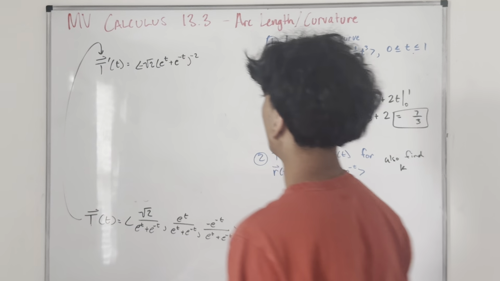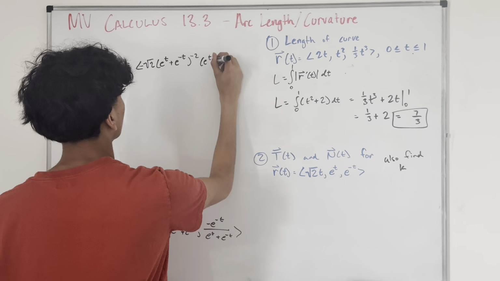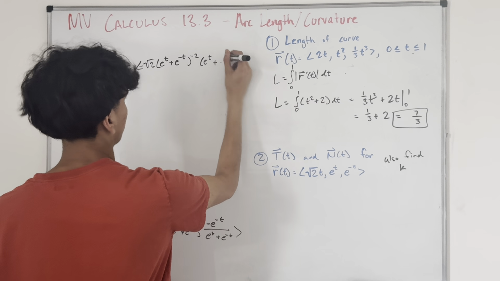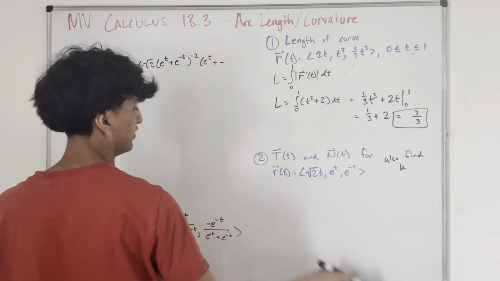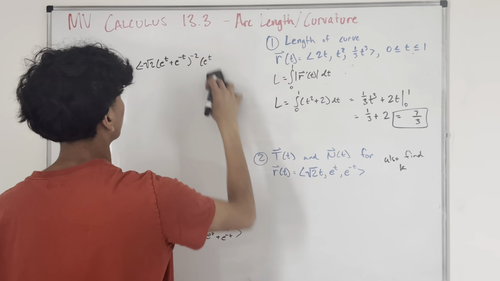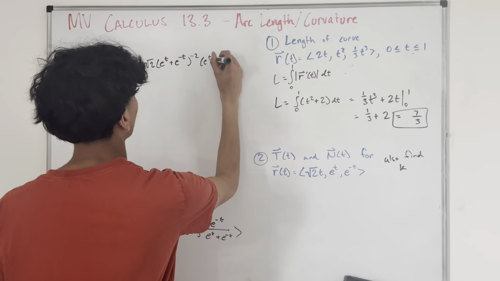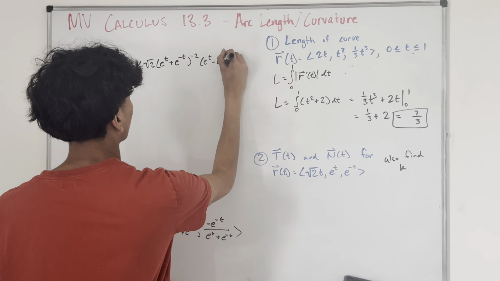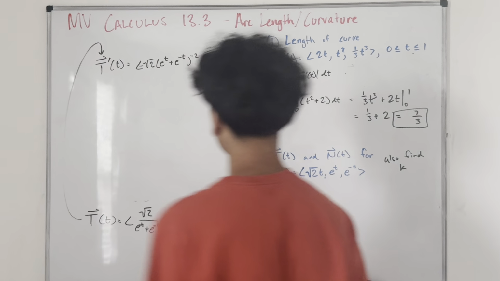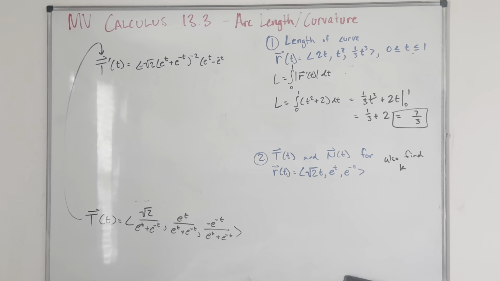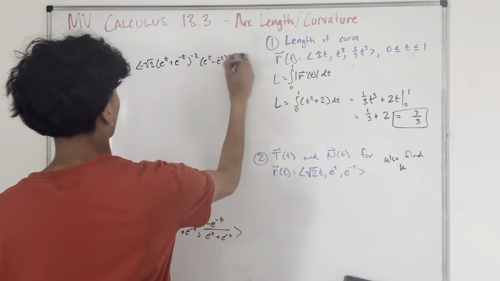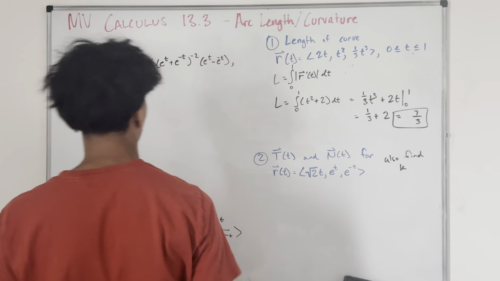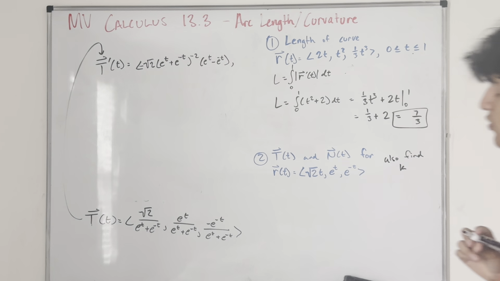So I get e to the t, that's the derivative, and minus e to the negative t. Okay, so that's 1.